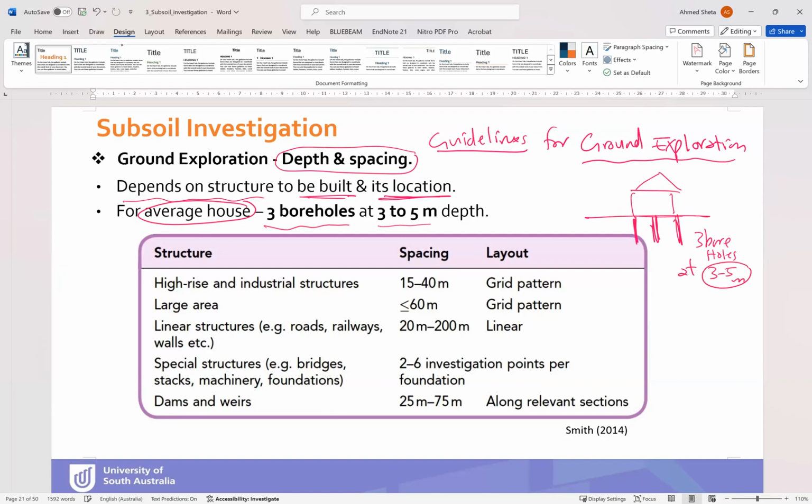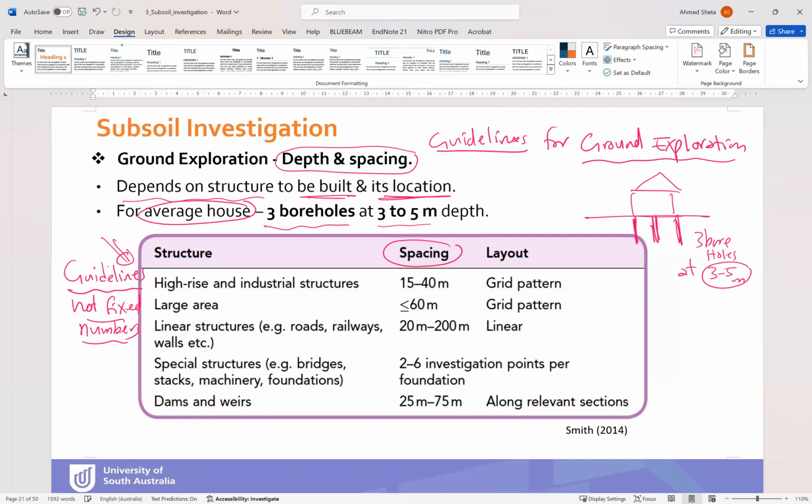Okay. And this table gives us a guideline for the spacing of the boreholes. This is only a guide, again, a guideline, not a fixed number. So you can maybe increase or decrease depending on the conditions you have on your site.